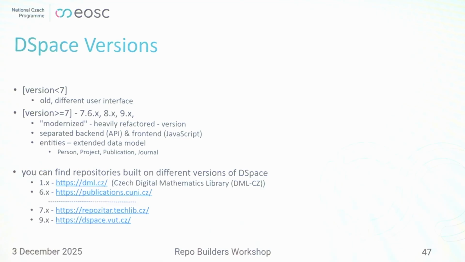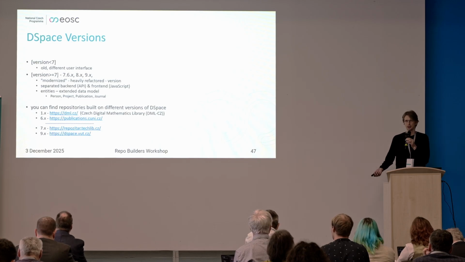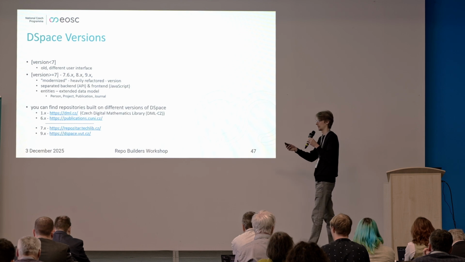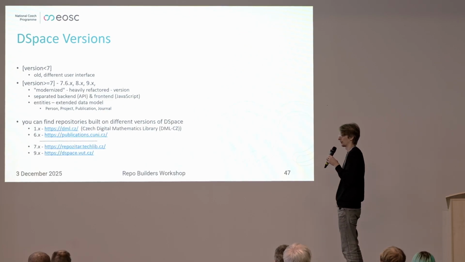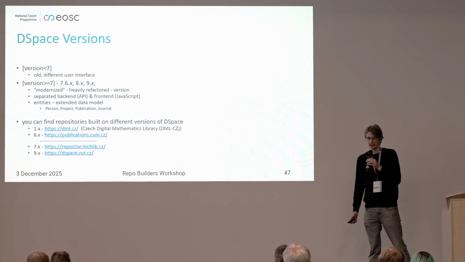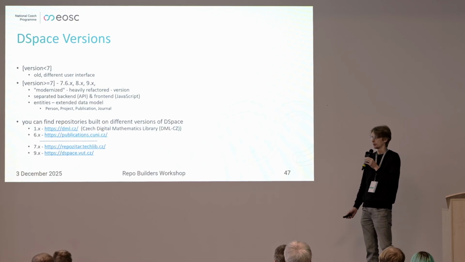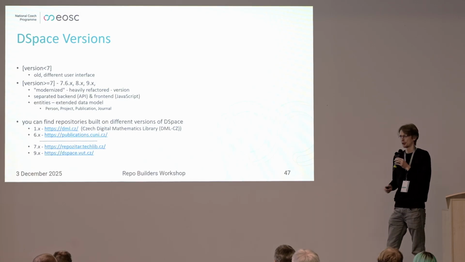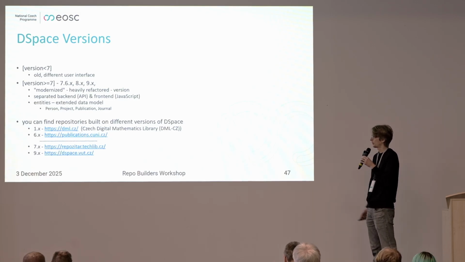And now there are many installations which are still running on the old one, because experience shows that if you do a lot of changes in your repository, you are not really able to migrate to the new version easily if these changes are too extensive. So you can still find some heavily customized DSpaces that are on older versions and are slowly getting enough courage to upgrade.